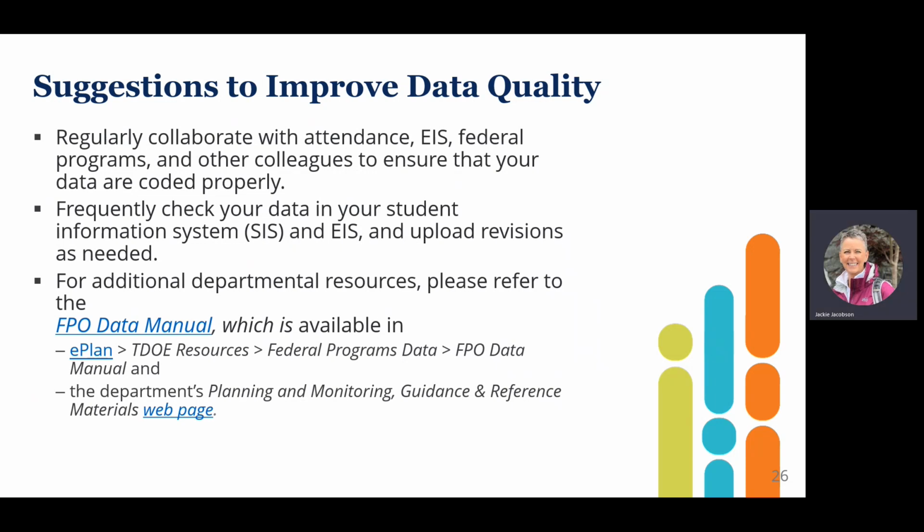If you require additional departmental resources, please refer to the FPO Data Manual, which you can find in ePlan TDOE Resources under Federal Programs Data, the FPO Data Manual. You can also refer to the department's Planning and Monitoring Guidance and Reference Materials webpage. Links are included in this presentation.